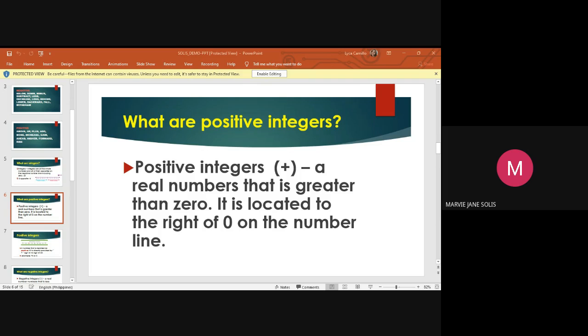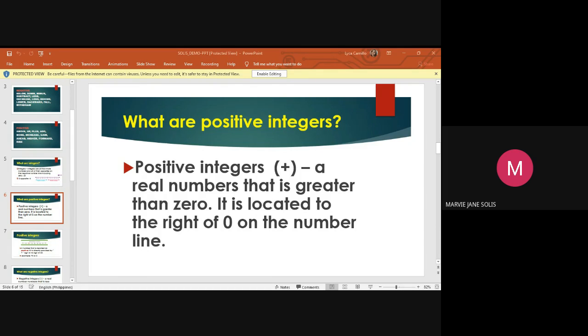Take note that positive integers have a plus sign, but we can call it a positive integer even without a sign. For example, plus 5, or positive 5, or 5.